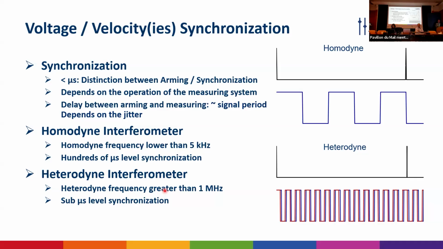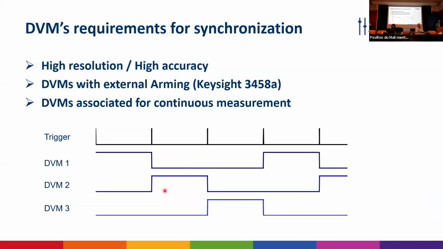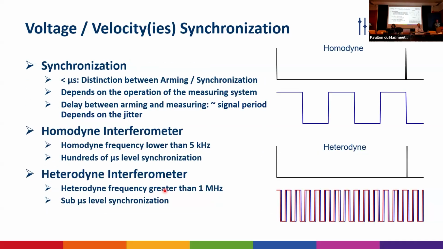So it is basically two different philosophies, and one consequence of this is if you are using multiple interferometers that must be synchronized together, then you need something that you can trigger externally and that you can synchronize on an external system. And in this case, you have to use a heterodyne interferometer.